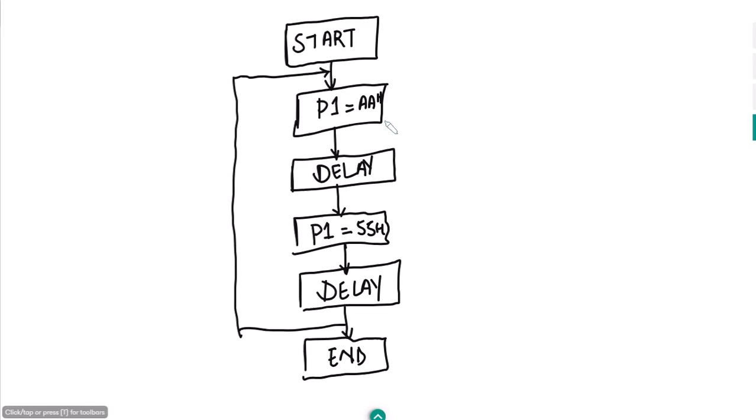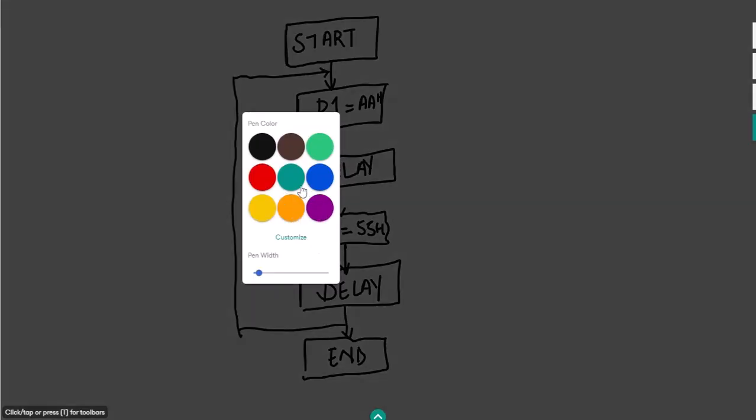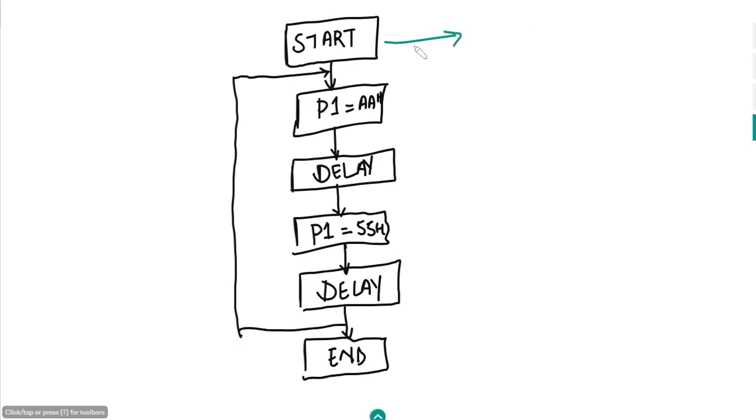In order to write all of this in an assembly program, the start is always with ORG 00H. For P1, in the microcontroller we have seen that this is done with the MOV command, but with the MOV command one of the operands must be A. So first I will move the value AA into A, which is MOV A, #0AAH.